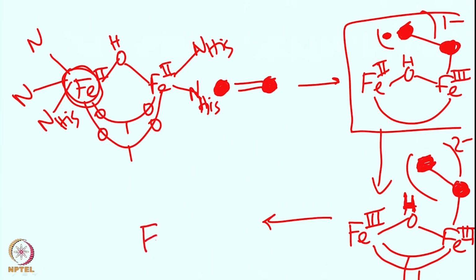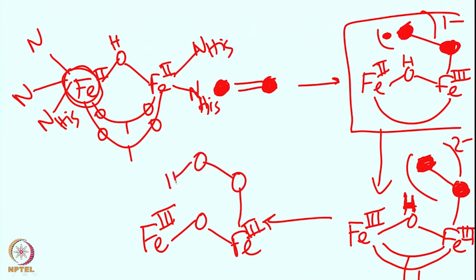So, overall you will be seeing the formation of an iron 3 oxo iron 3 hydroperoxo intermediate, right. So, this is your oxygen that is coming on, this is your oxygen from the oxygen atom, and there is hydrogen bonding and the rest of the things are still there. Okay, I do not think it is fair to draw these intermediates because their existence is questionable, both of them.